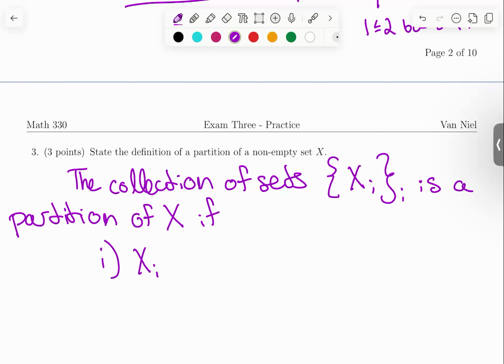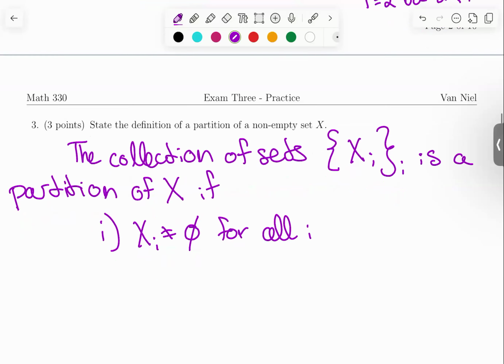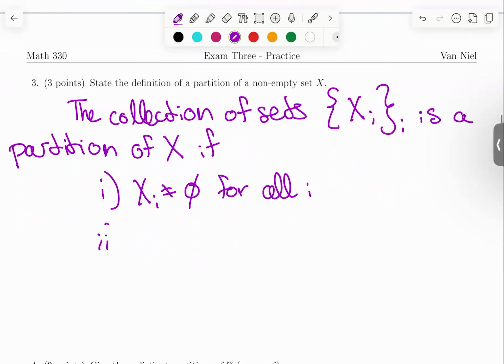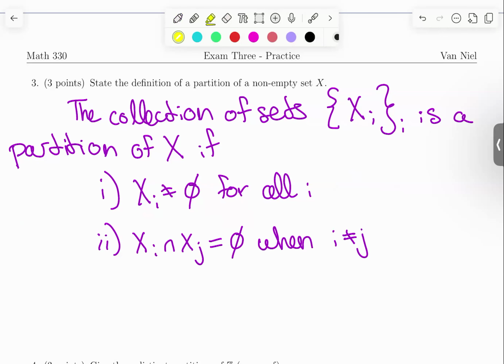First I need all the X sub i's to be non-empty, for all i. Second, I need X sub i intersect X sub j to be empty when i and j are not the same. Okay, this is an important part here.